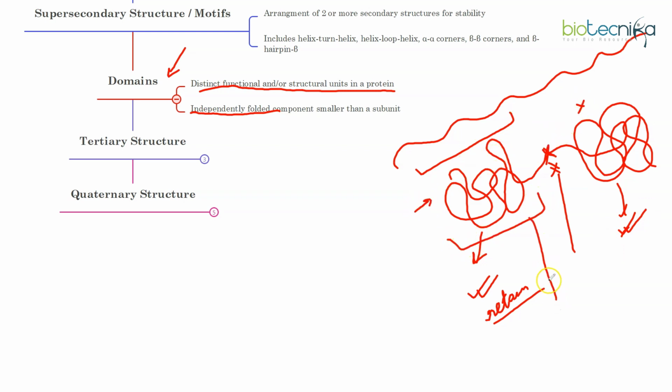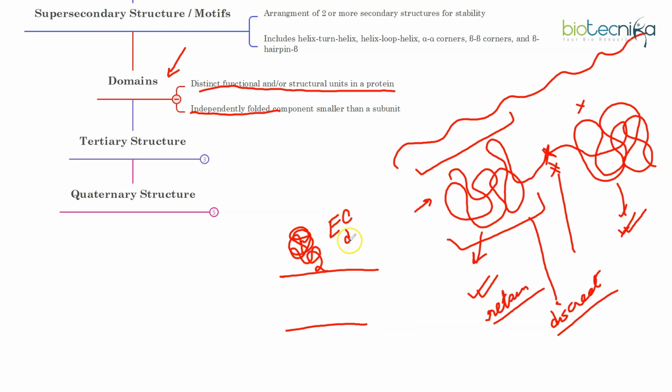These can serve as discrete functional units. Discrete means independently they can function. For example, you can take a transmembrane protein. Now we know it will have some folding or domain outside, which is called the extracellular domain, the part which will bind with ligands, receptors, growth factors. Then you will have a transmembrane domain, which passes through the membrane.